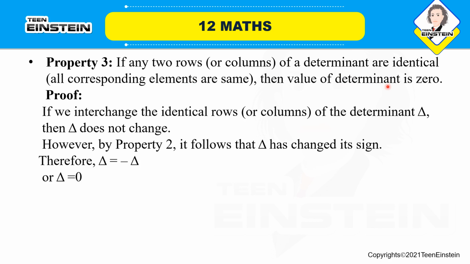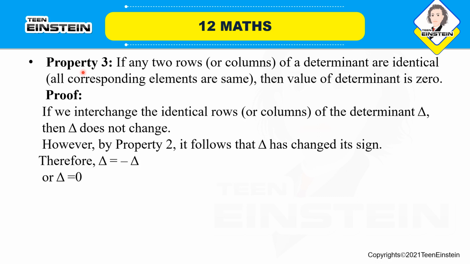If any two rows or columns in the given determinant are the same, all the elements being the same, then the value of the determinant will be 0. This is property number 3.